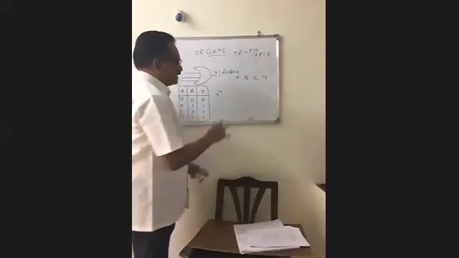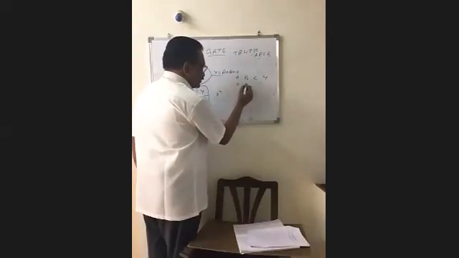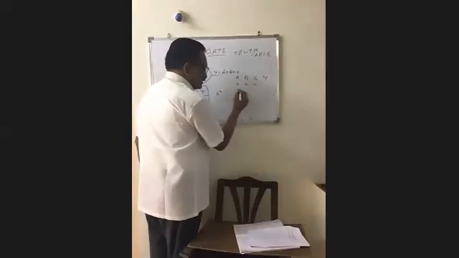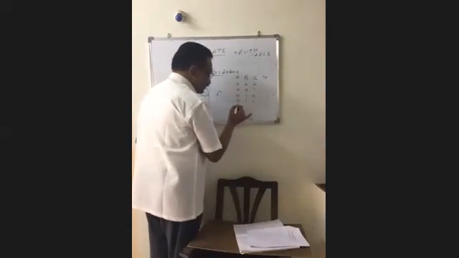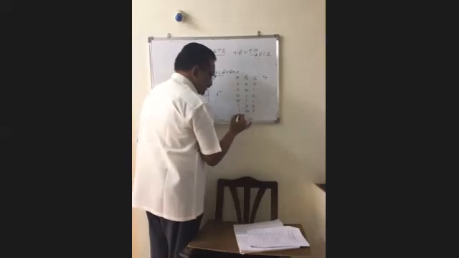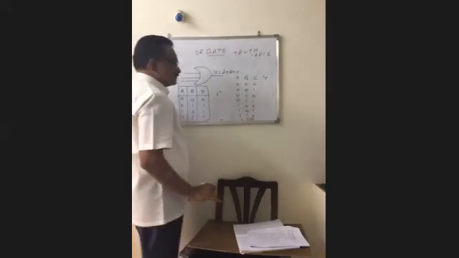For 0, 0, 0, 0. For 1, 0, 0, 1. For 2, 0, 1, 0. For 3, 0, 1, 1. For 4, 1, 0, 0. For 5, 1, 0, 1. For 6, 1, 1, 0. For 7, 1, 1, 1.